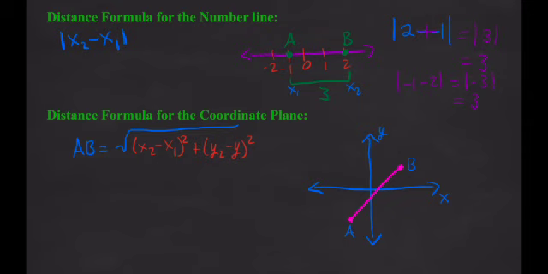You may look at that and be like, what in the world? That looks insane. How am I ever going to remember this? Here's how you're going to remember it.